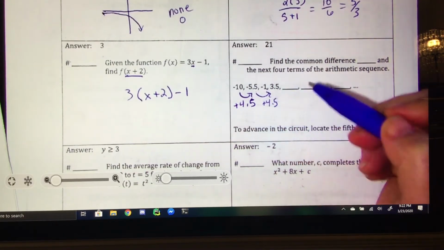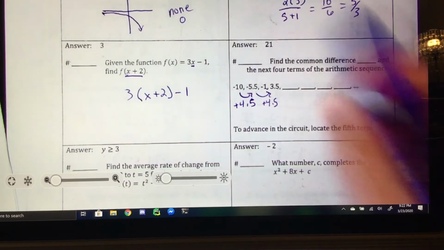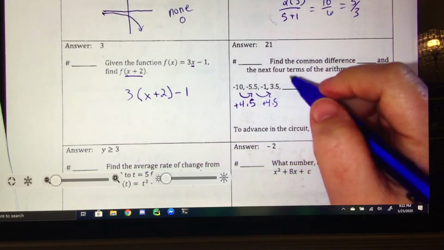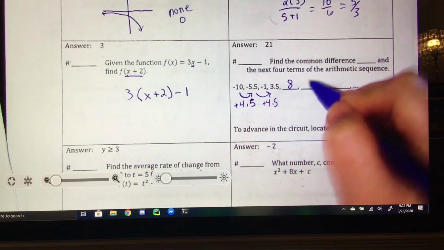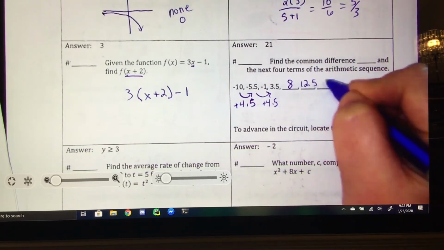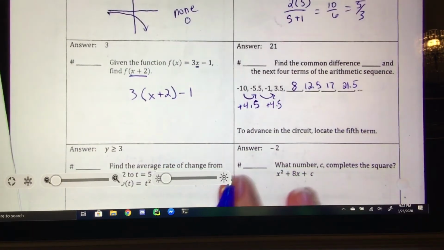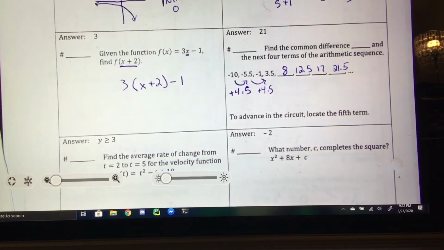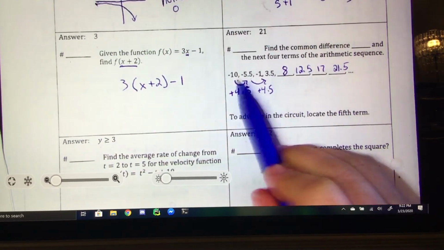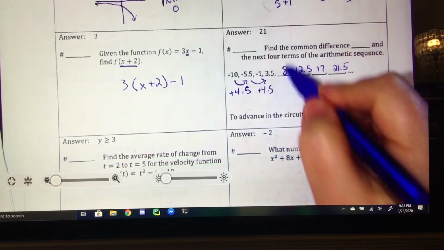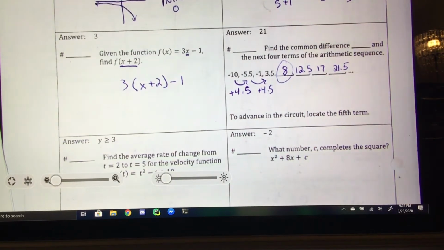Negative 1 plus 4.5 is 3.5. 3.5 plus 4.5 is 8. Then I get 12.5, 17, and 21.5. And to find the 5th term, so 1, 2, 3, 4, 5. There you go.